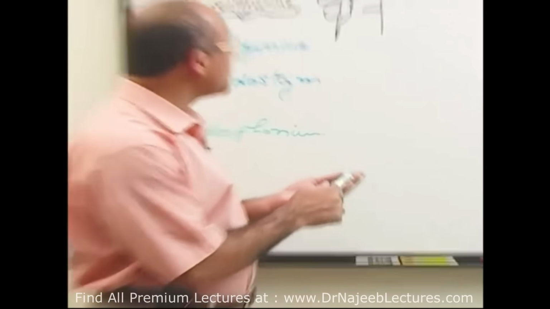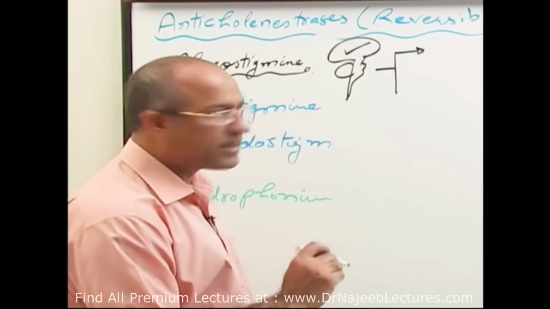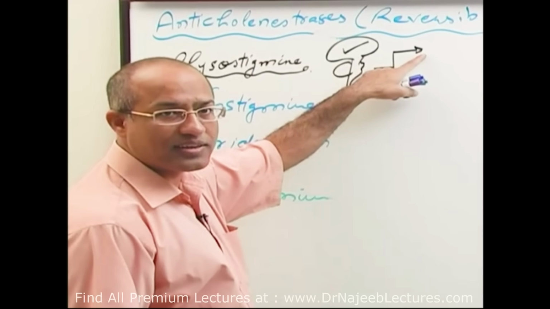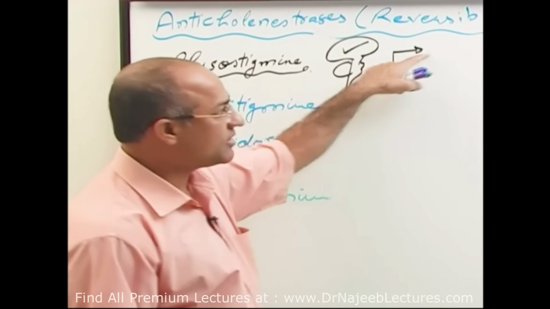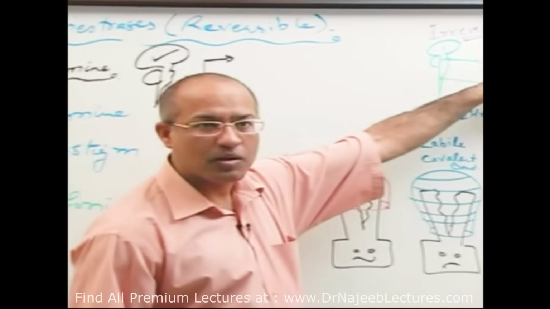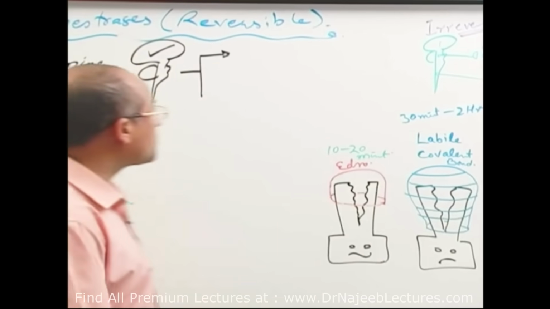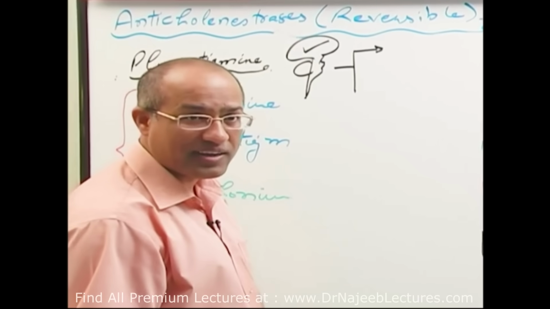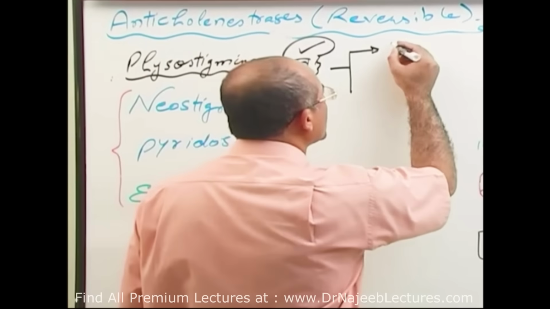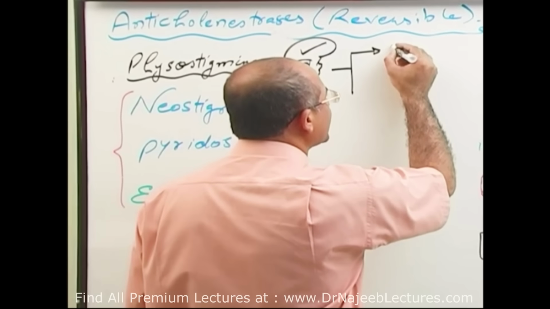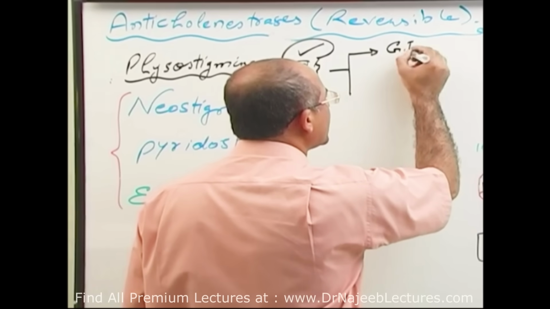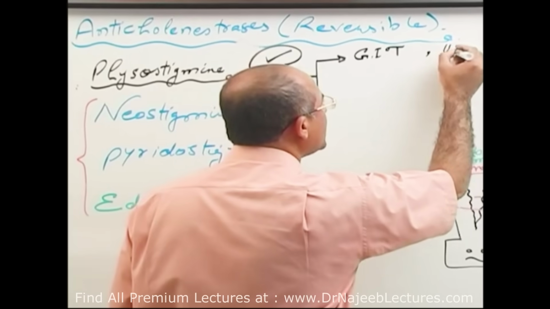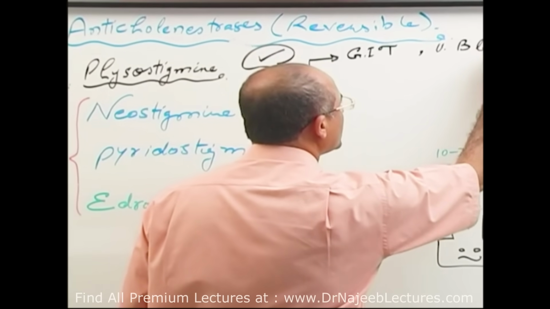Now physostigmine, where can it be used? Number one, it can stimulate muscarinic receptors, especially on the GIT and urinary bladder. So it can be used to stimulate gastrointestinal motility and urinary bladder motility, right?